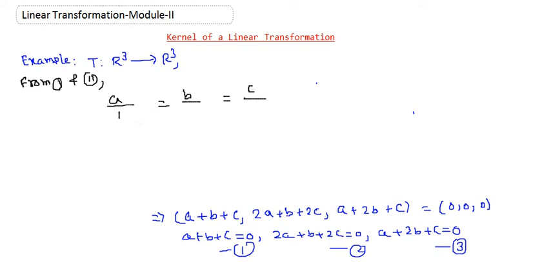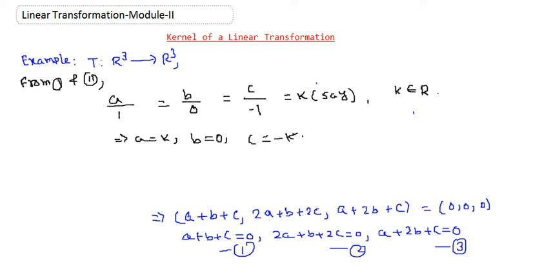Pause the video and work it out for yourself, and you will find the result. Suppose this common value is equal to K, where K is any real number. So we get A equals K, B equals 0, and C equals minus K. Now put the values in equation 3.